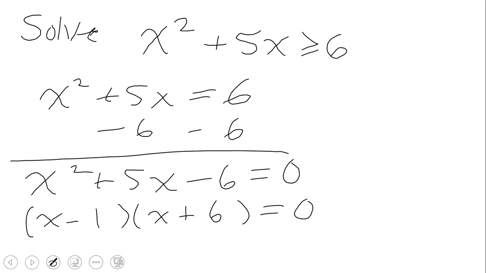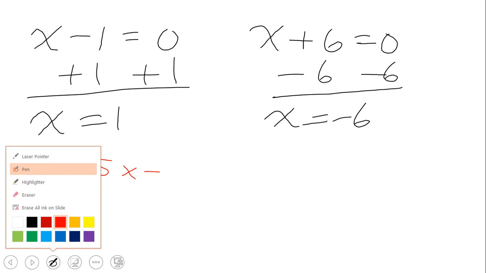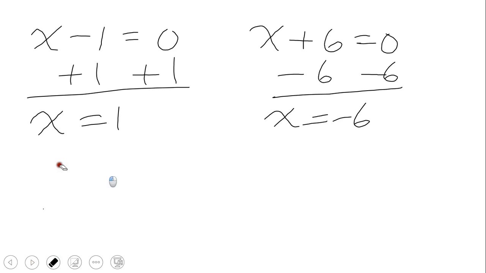Let's see. So we got x squared plus 5x minus 6. Oh, I'm writing this on the wrong slide. Eraser. Go to the right slide.